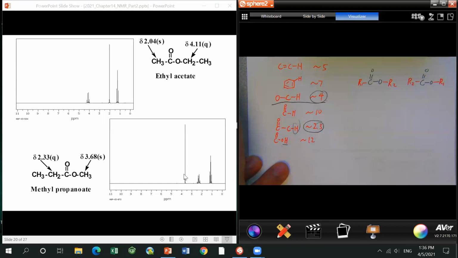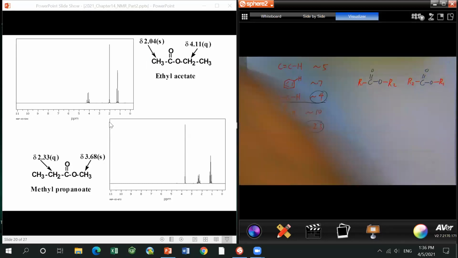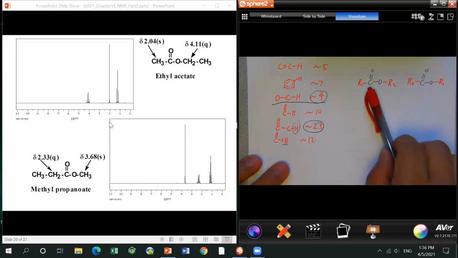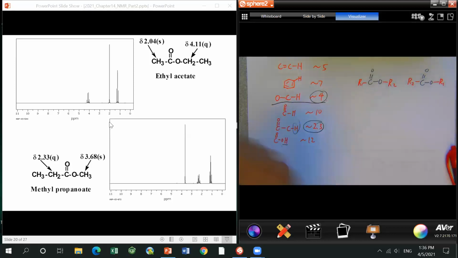Based on the splitting and relative positions, you should be able to tell which part is attached to the carbonyl and which to the oxygen. This is a very unique and important technique.